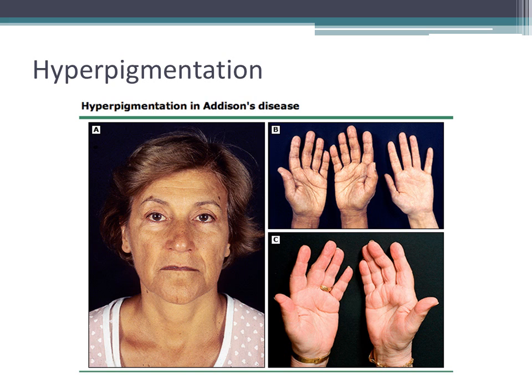You can see the bronzing of the skin of the face and also the palm before treatment with the top right picture compared to a normal hand, and in the bottom right picture we see after treatment with steroids, ACTH level comes down and hyperpigmentation resolves. Of course, it's very important also to look inside the mouth cavity for buccal hyperpigmentation, because the skin is sometimes difficult to determine. So always look into the mouth and look at the gums, because they can also be hyperpigmented.